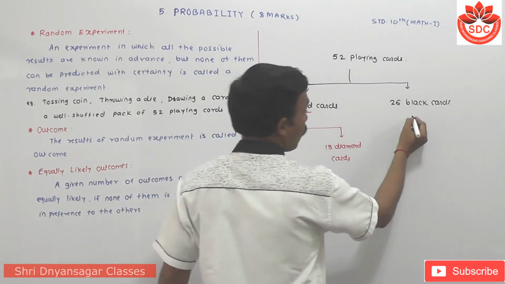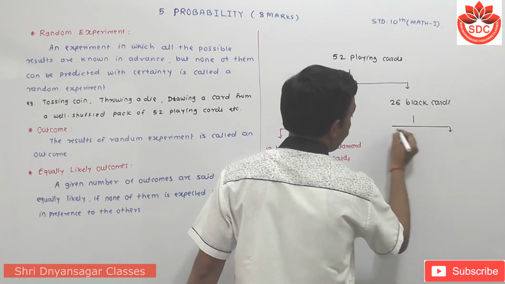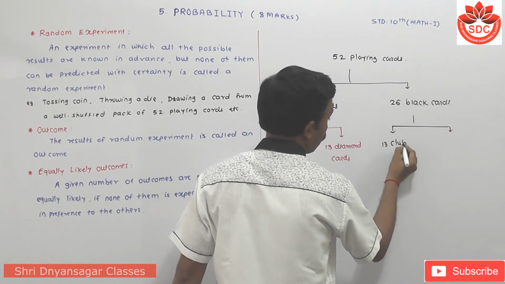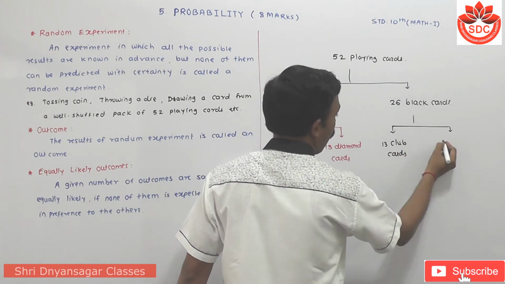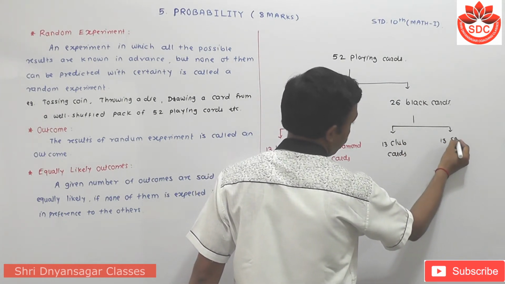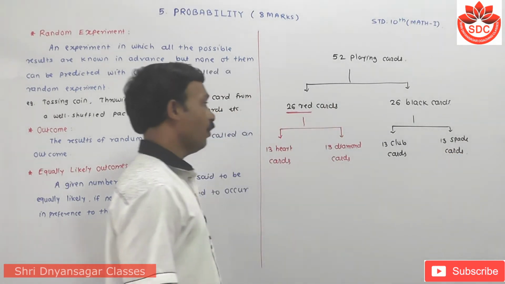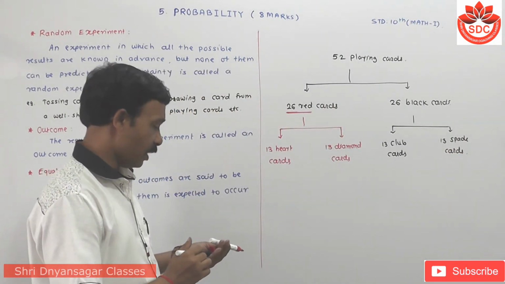And in the black cards, there are 13 club cards and 13 spade cards. All of you are familiar with this?